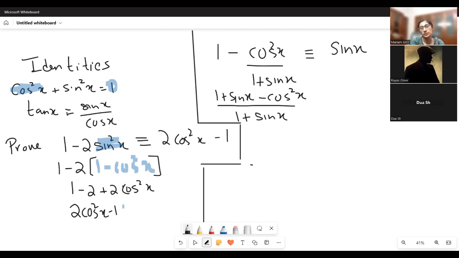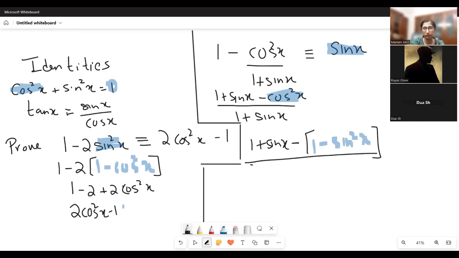Now the right hand side has only sine x. So what we can do is change this into sine square x. Let's do that. We have 1 plus sine x, then a minus sign, and we get 1 minus sine square x, the identity. And then in the denominator, we have 1 plus sine x.